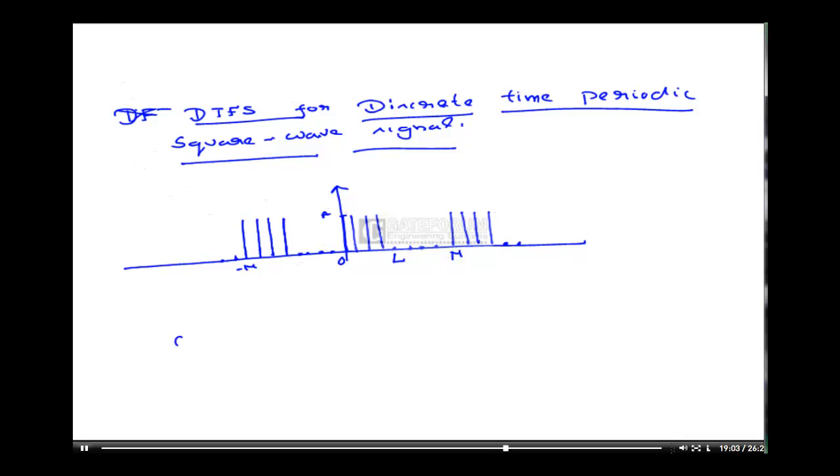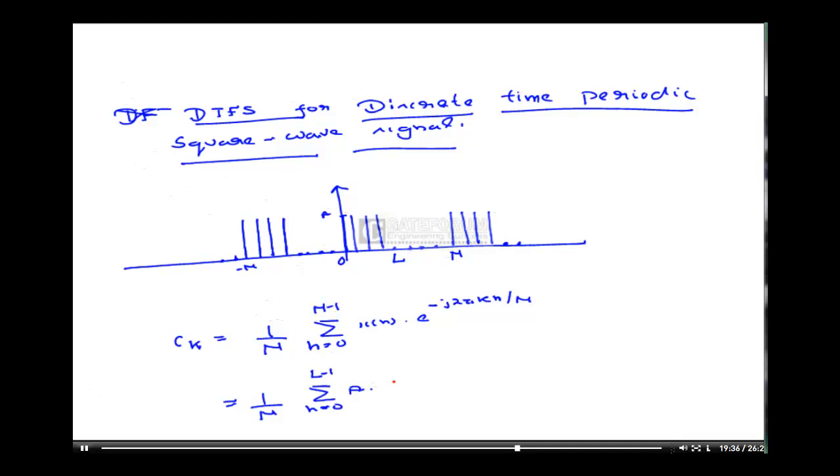For this, if I want to find the DTFS, I can write simply 1 by N summation n tending to 0 to N minus 1 x of n e to the power minus j 2 pi k n by N. So again writing the values, n equal to 0 to L minus 1, because only up to L minus 1 the signal is not equal to 0.